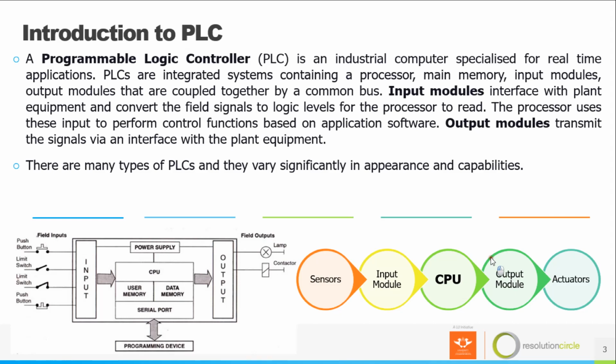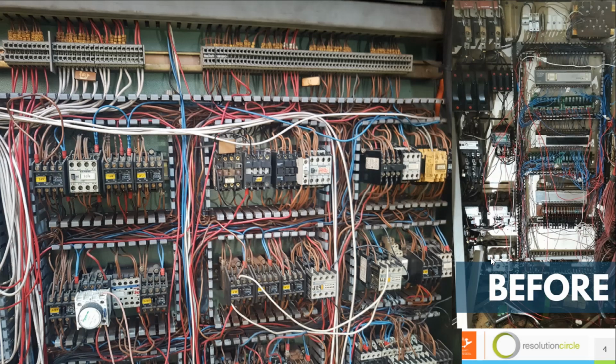Then your field device will do what you programmed. There are many types of PLC and they vary significantly in appearance, in capabilities, and in size. But almost all of them somehow have a common function.